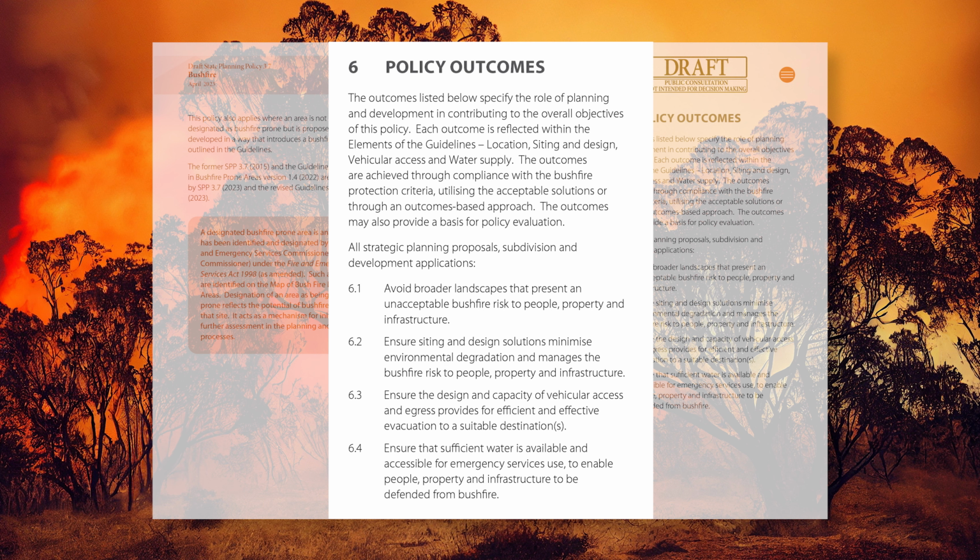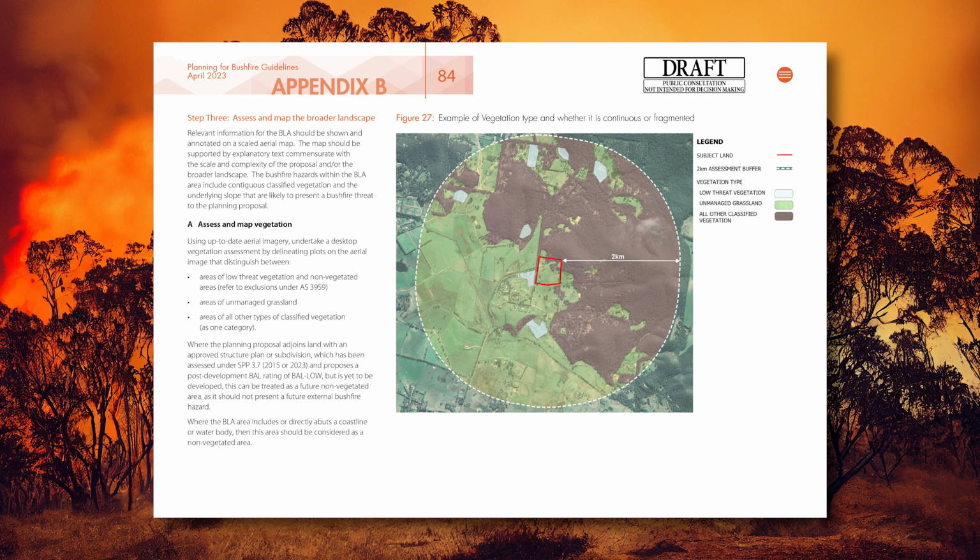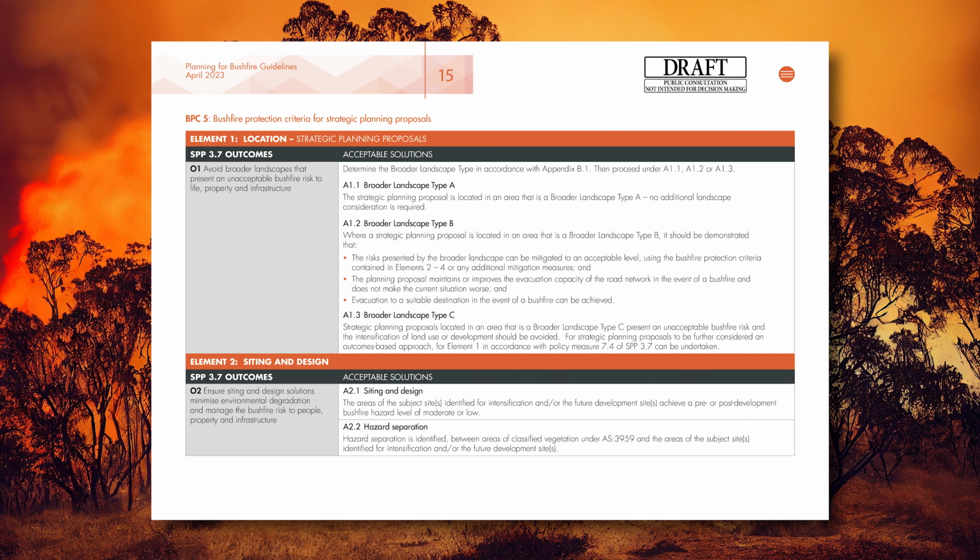SPP 3.7 introduces an assessment of the broader landscape surrounding a planning proposal to demonstrate compliance with Element 1 location. This assessment is in response to the increasing severity of landscape-scale bushfires experienced across the state.